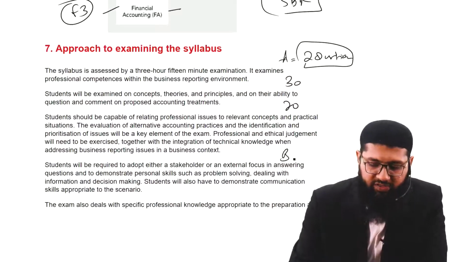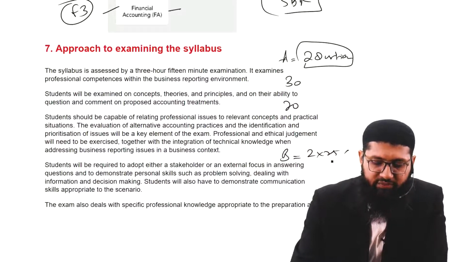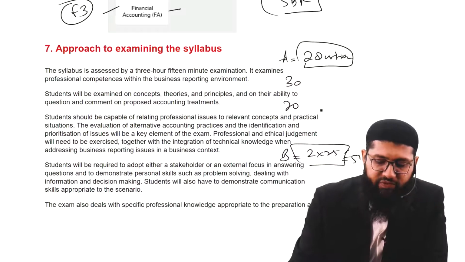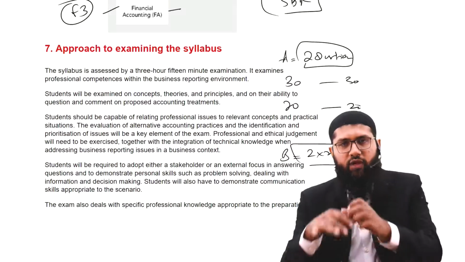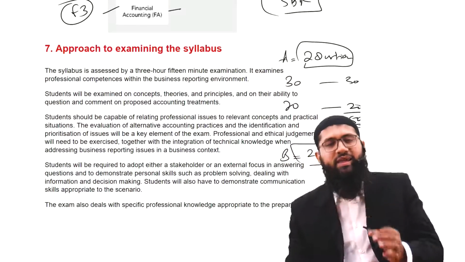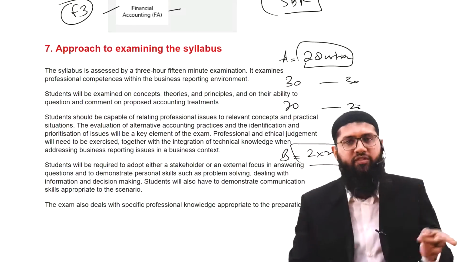Then you've got section B, which is again 2 questions of 25 marks each. So that makes it 50 marks here, 20 marks here, 30 marks here. So 50 and 50, that's how the 100 marks are made up. You've got 50 marks in section A and 50 marks in section B.